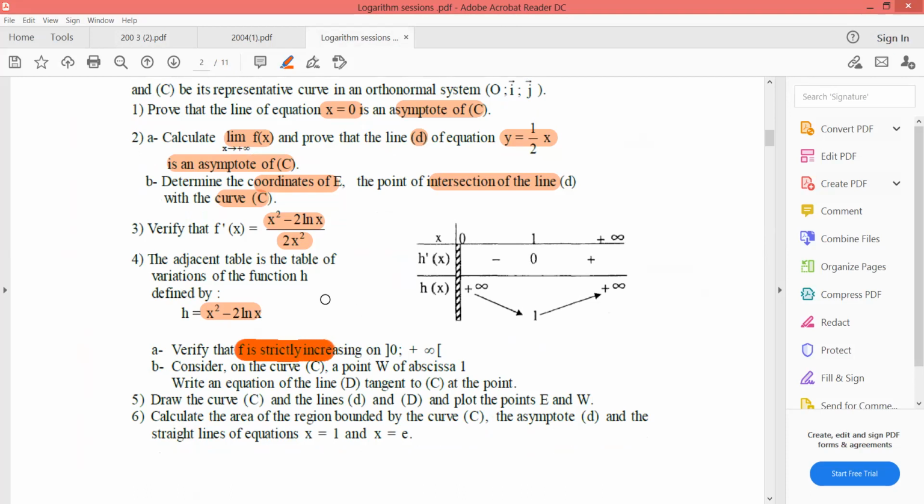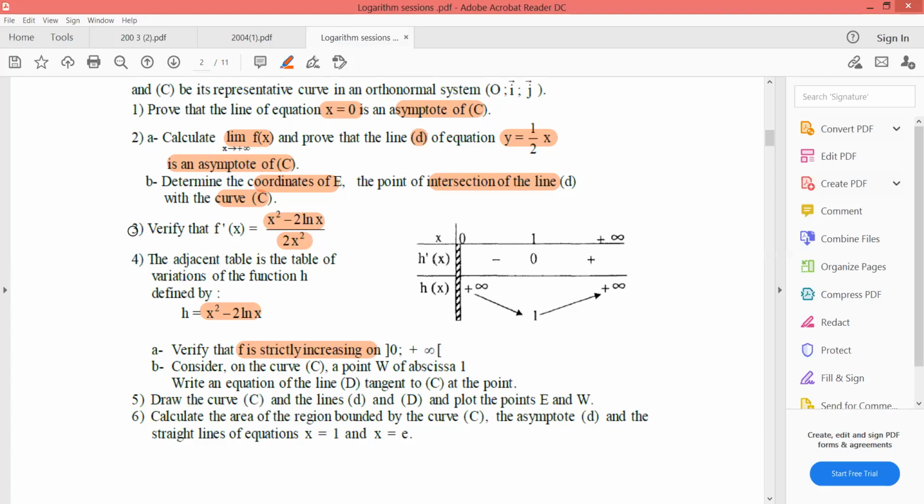Below, x squared is already positive, so f prime x above has the same sign as h, where x squared minus 2 ln x equals h, and the minimum of h is 1. Positive means increasing. You mean minimum, not maximum. Yes, minimum. Okay.